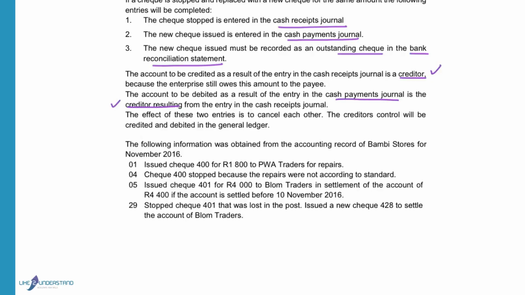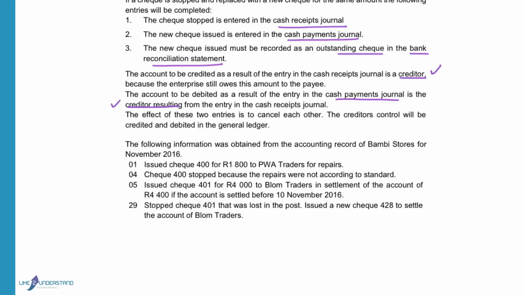The effect of these two entries is to cancel each other. The creditors control will be credited when the cheque is cancelled, and the creditors control will be debited when the new cheque is issued.